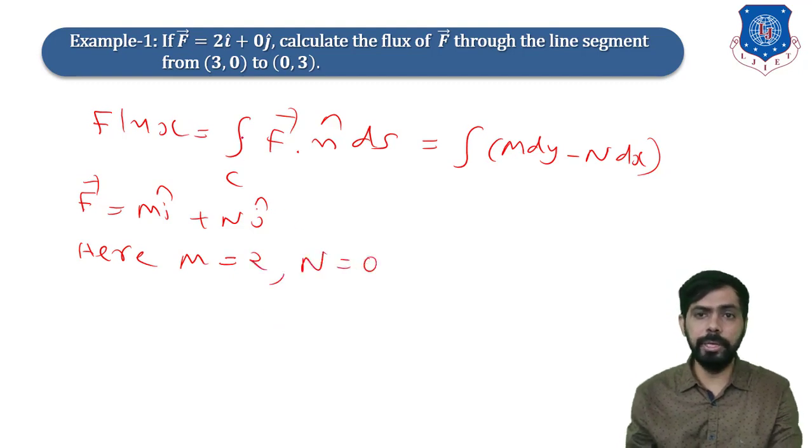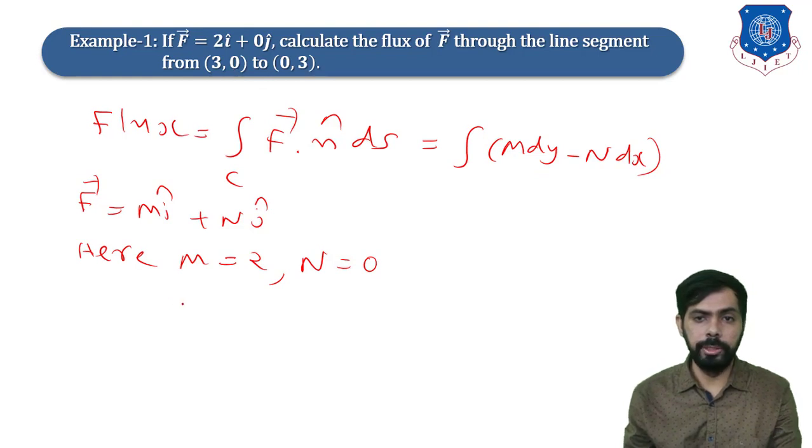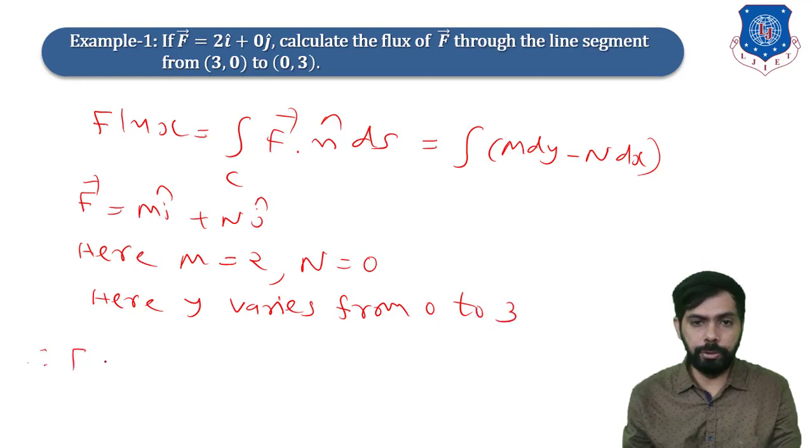Here we will have to find the limit of y, because n will be 0. So here y varies from 0 to 3. Therefore, flux will be integration 0 to 3, and here value of m is 2 dy minus value of n is 0.